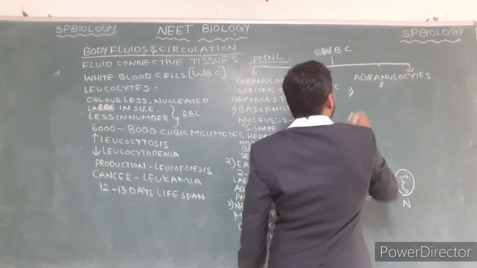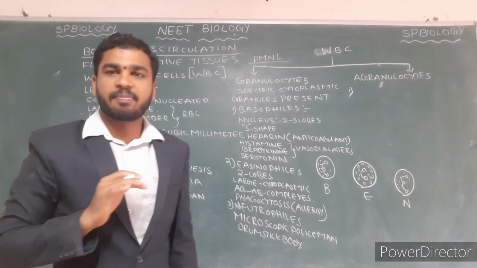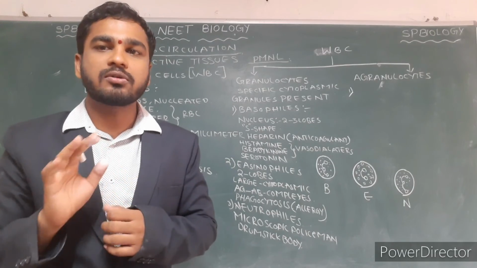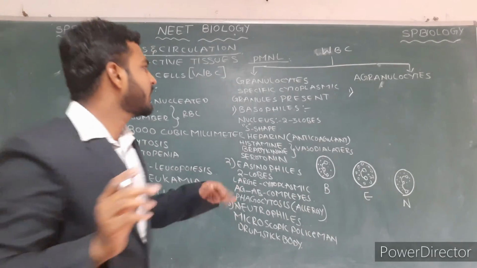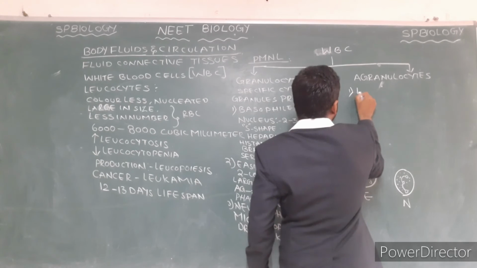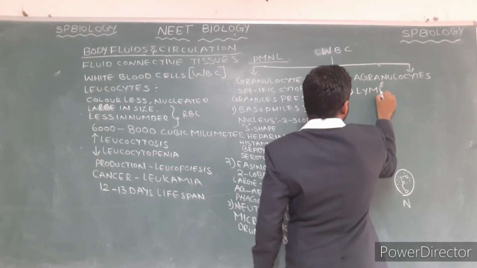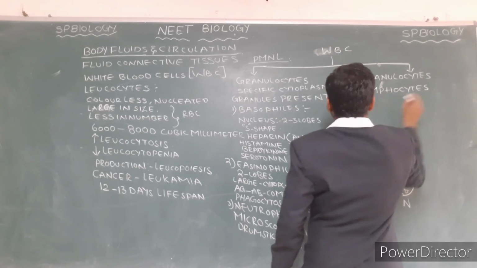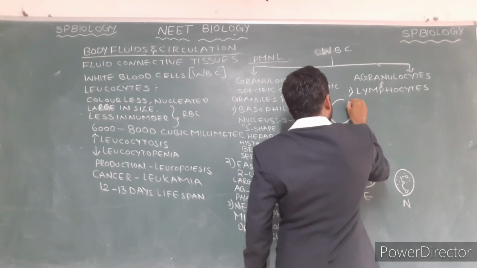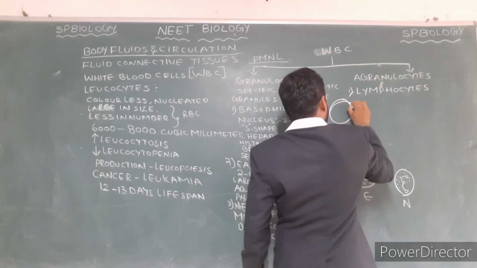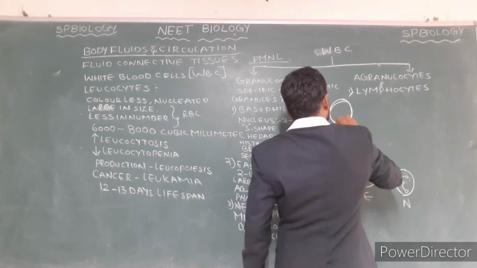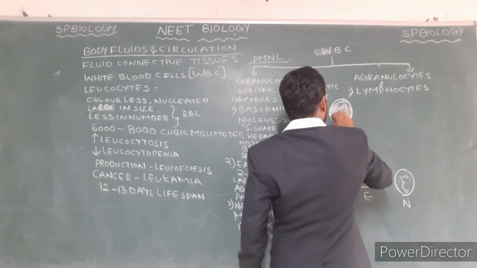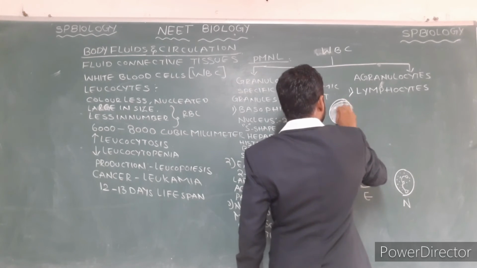Now the agranulocytes. Specific cytoplasmic granules are absent in the cytoplasm. Agranulocytes are of two types: lymphocytes and monocytes. In lymphocytes, a scanty amount of cytoplasm is seen, and the nucleus is oval-shaped.